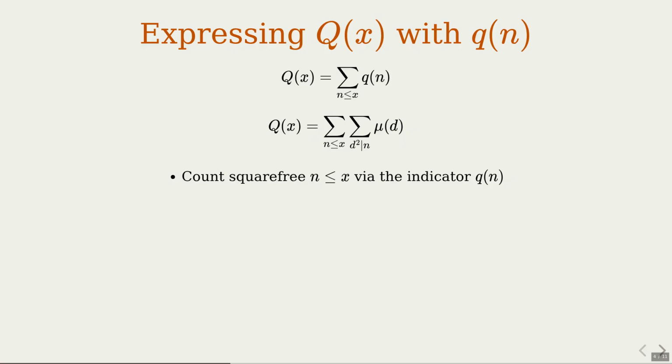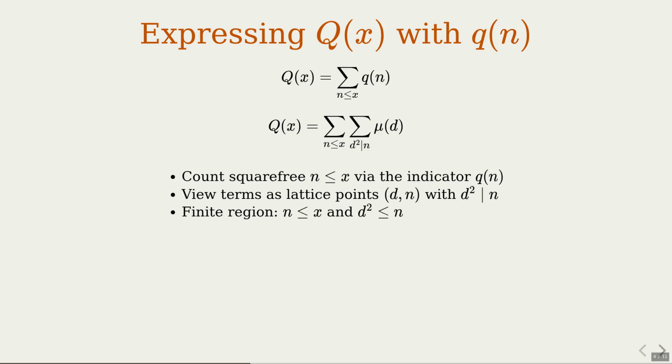So instead of thinking directly about square-free numbers, we just add up this indicator Q over all n up to x. You can picture each contribution as a point with horizontal coordinate d and vertical coordinate n whenever d squared divides n. Because n is at most x, and d squared must be at most n, all these points lie in a finite region of the grid.